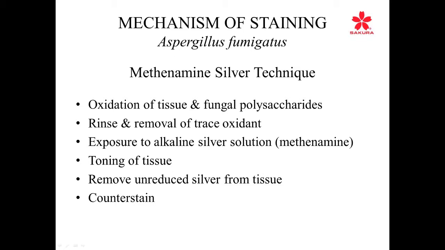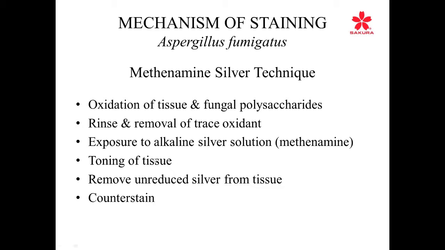So the first step is generally an oxidation of the tissue and the fungal polysaccharides, typically by chromic acid. Then there is a reduction or rinse to remove the trace oxidant, and then it is exposed to an alkaline silver solution, typically methenamine, which lays down the silver layer or silver impregnation.